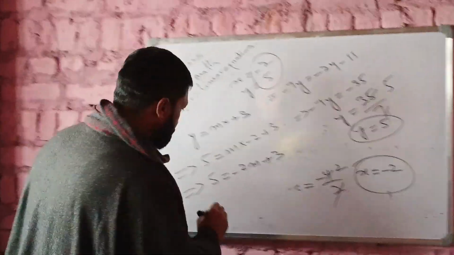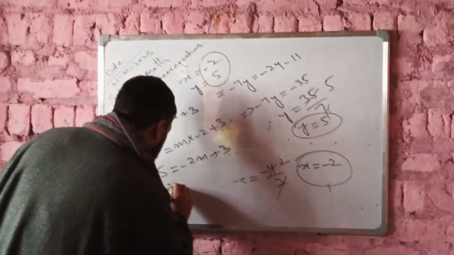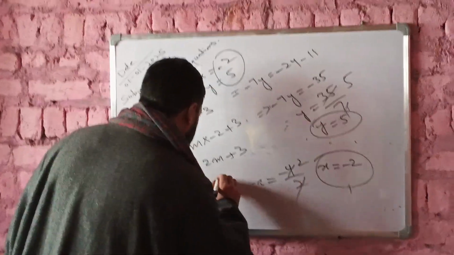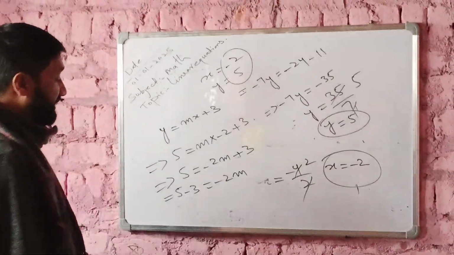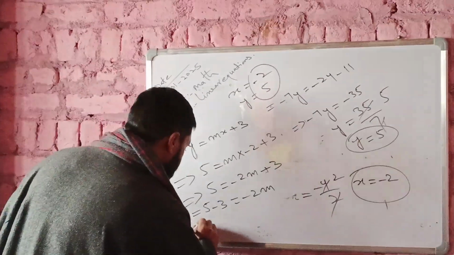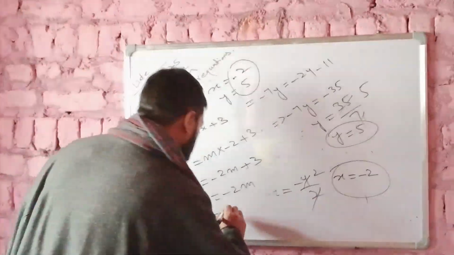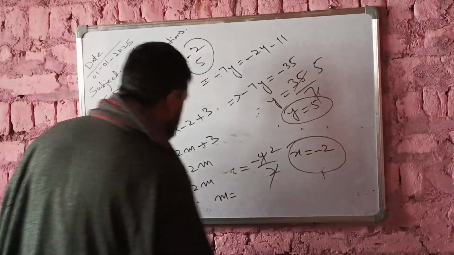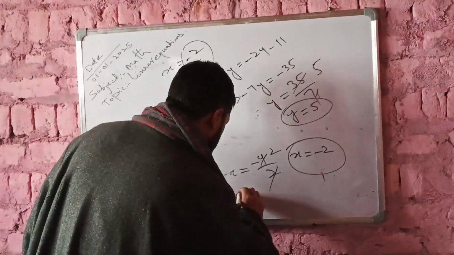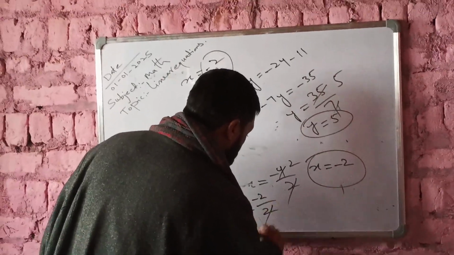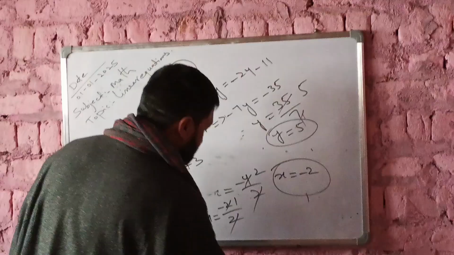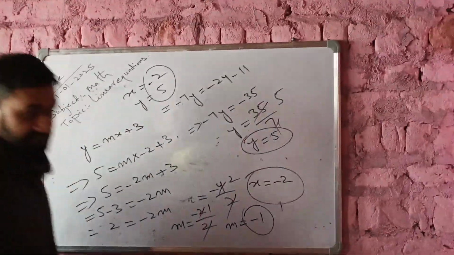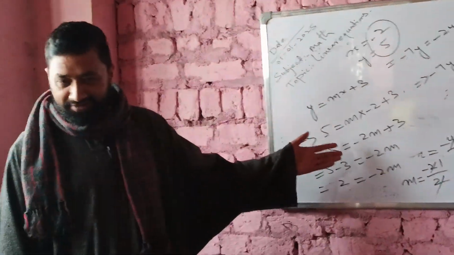It is 5 minus 3. m is equal to minus 1. The game is over. The match comes to an end here.